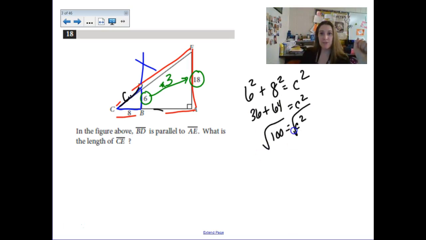The baby hypotenuse is 10. So this guy right here is 10, which means the mama hypotenuse is triple that. So mama hypotenuse is 30. And again, this is gridded response. Without a calculator, we would have had to know all that stuff.